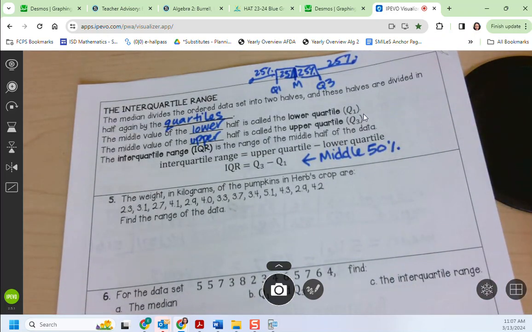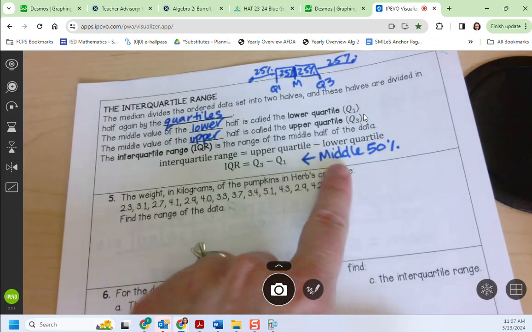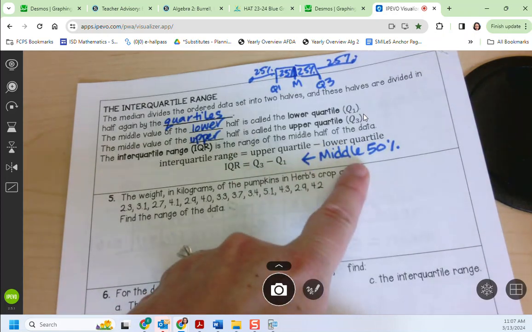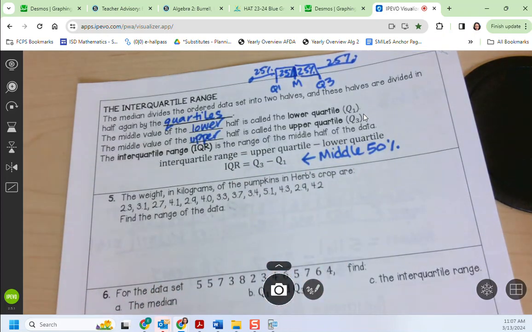So if you see something when you're looking at colleges and it says most students at this school have an SAT between 1,000 and 1,200, then they might be telling you the interquartile range, the middle 50%. Often they're using things like that.